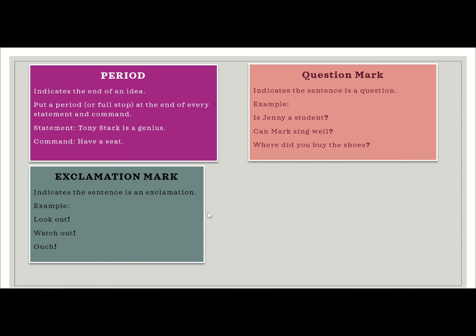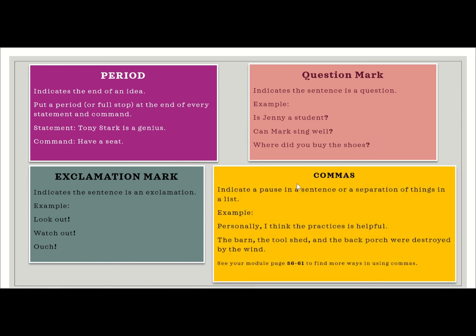Okay, and the next one is comma. Comma indicates a pause in a sentence or separation of things in a list. It's still in one complete thought, but some things are separated. For example, personally, comma, it indicates the pause. Personally, I think the practice is helpful. And this one is an example of separation of things in a list.